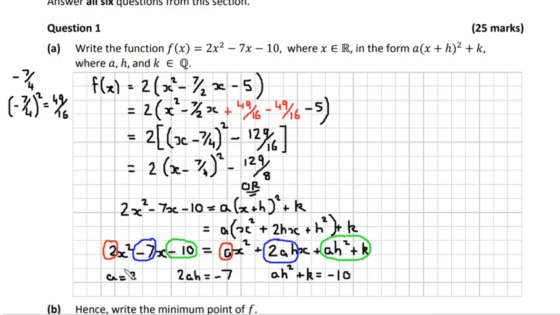So, well, I know what a is now, straight away. A is 2. If a is 2, I'm going to put that in here. So 2 by 2 would be 4. So 4h is equal to minus 7. And that's going to mean then that h is going to be minus 7 over 4.